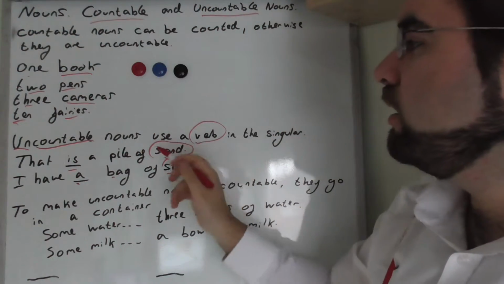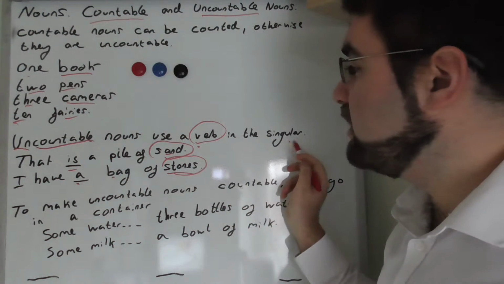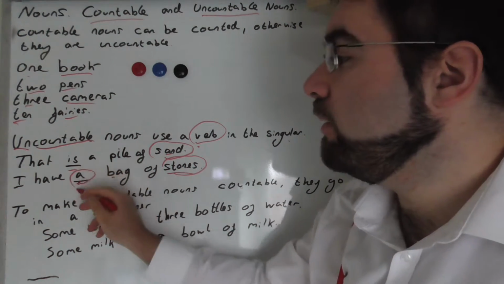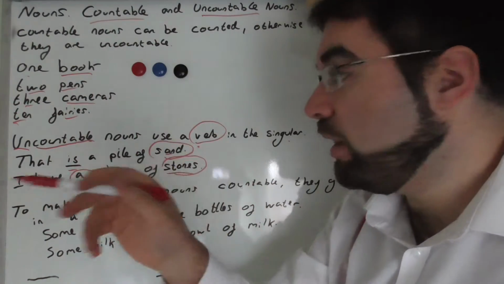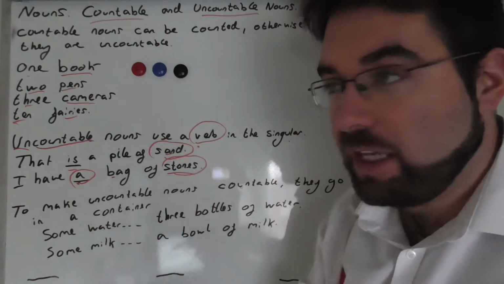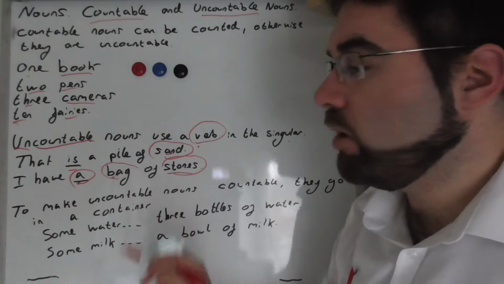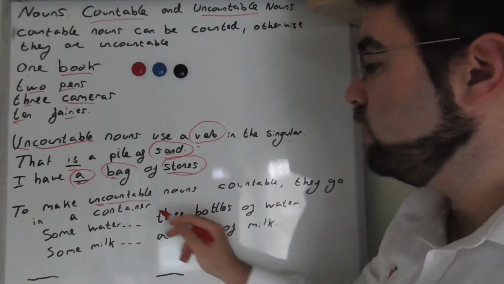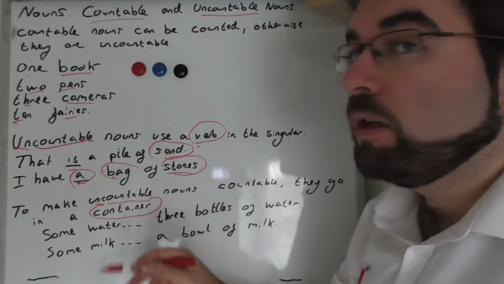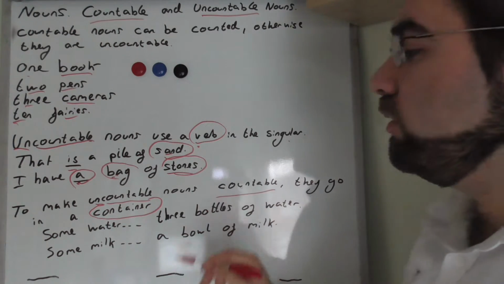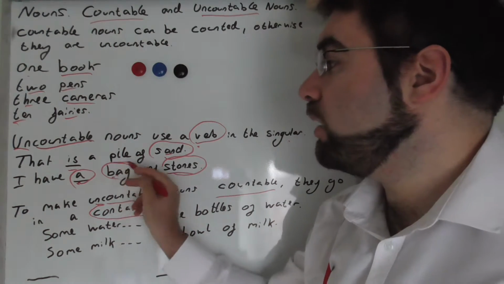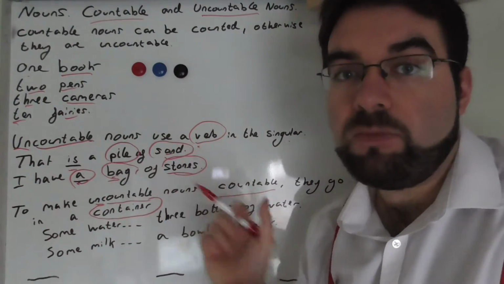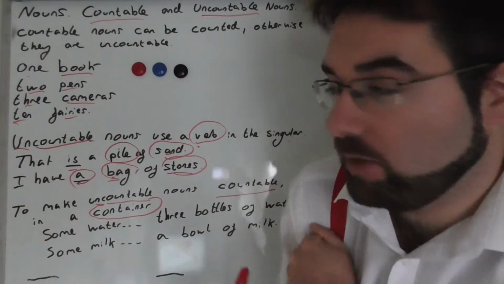So not only do we use a verb in the singular when describing them, that is a pile of sand, that is a bag of stones, but also with uncountable nouns we use a container to make them countable. So we have a pile, a bag.